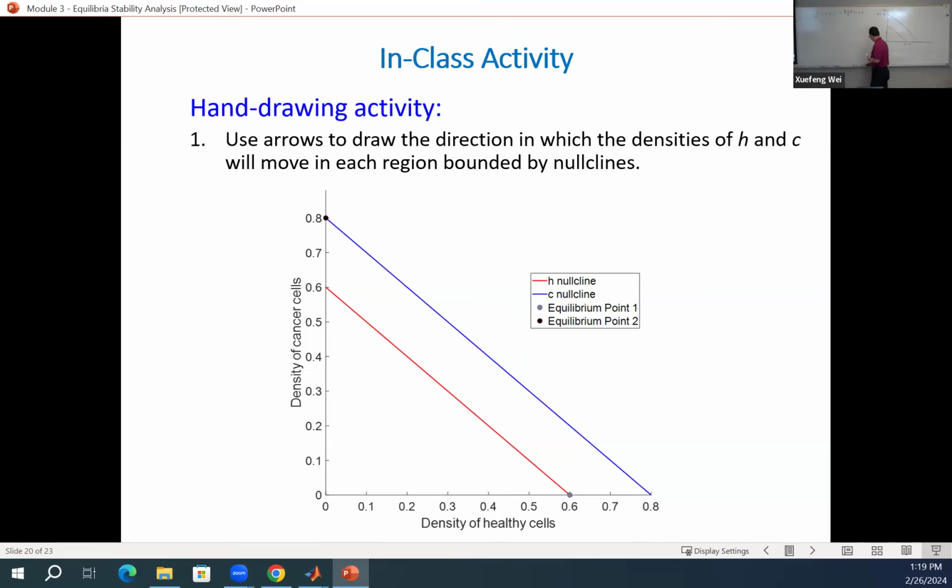So we know that this red line indicates dx1/dt equals 0. The red line here is dx1/dt equal to 0.